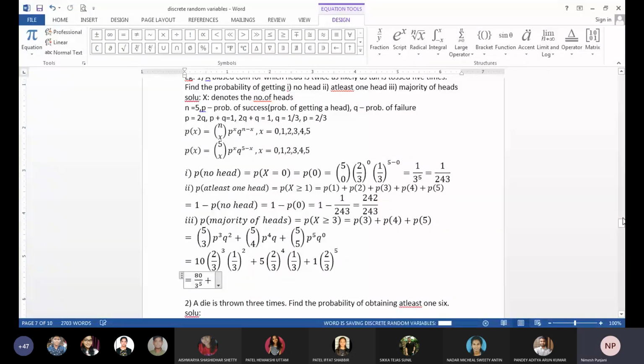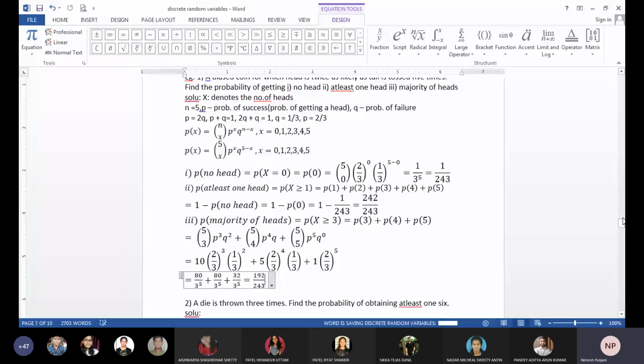Second term will be how much? 2 raised to 4 is 16, again 80 divided by 3 raised to 5. Then 2 raised to 5, that is 32 divided by 3 raised to 5. So 3 raised to 5 is 243. So 80, 80, 160, 192 divided by 243.